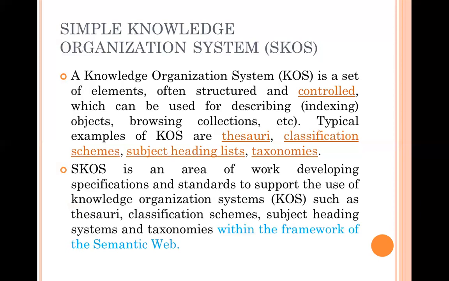So we need some rules, regulations, specifications, protocols, and standards so that we will be able to either create a new system or convert these traditional systems into a semantic web where they can be used. That's what SKOS is all about.